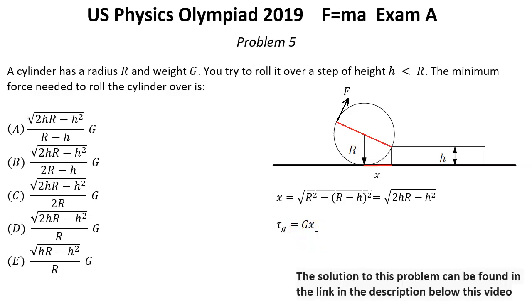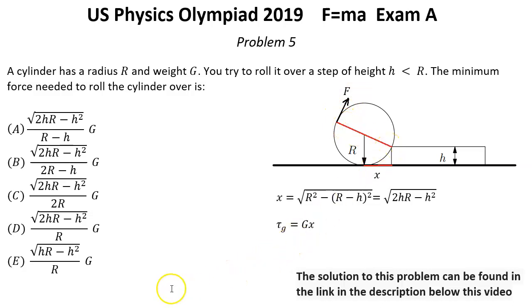To counteract this torque with the smallest force possible, we need the largest moment arm possible. The largest moment arm possible is 2R, and the force applied must be perpendicular to this red line.